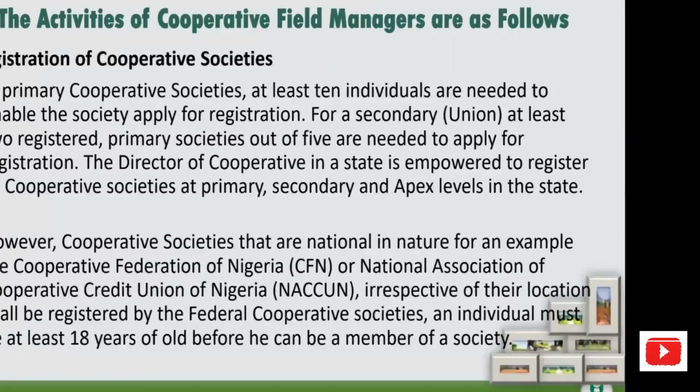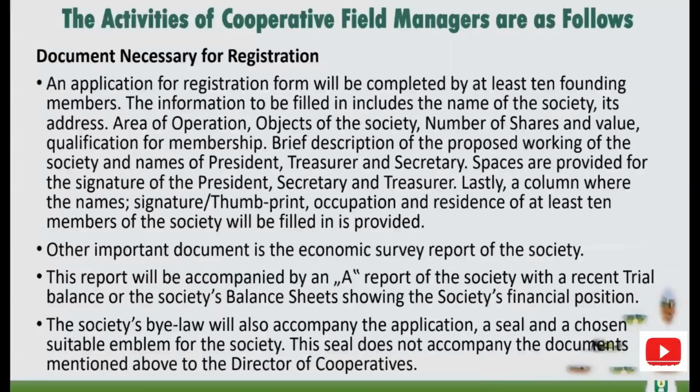Now, the documents necessary for registration: an application for registration form will be completed by at least 10 founding members. The information to be filled in includes the name of the society, its address, area of operation, objects of the society, number of shares and their values, qualification for membership, a brief description of the proposed working of the society, and names of the president, treasurer, and secretary.